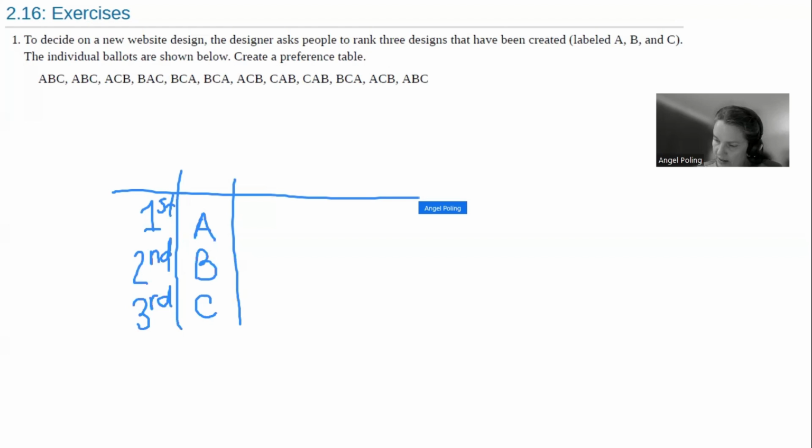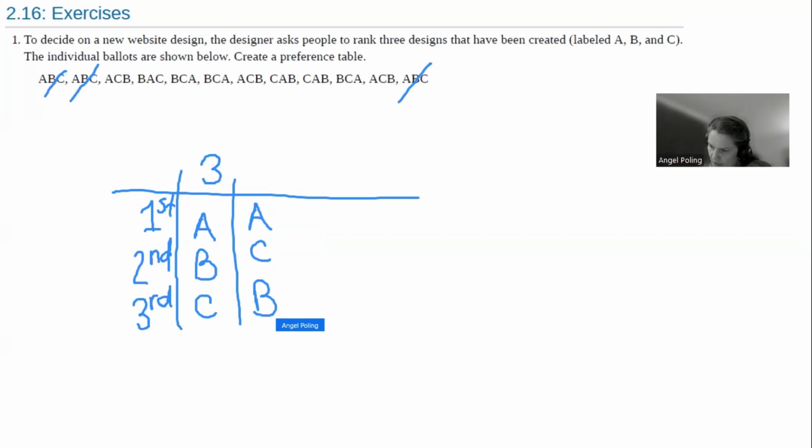And we have, let's see, 1, 2, 3 votes for A, B, C in that order. And then we have the A, C, B vote choice, and that is there 1, 2, 3 times.